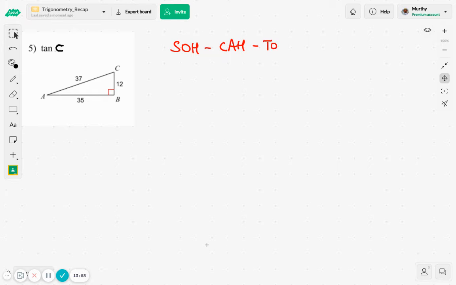Please do write it again and again so that you will never make a mistake. This time we are trying to figure out tan C. Tan means the first letter is T, so let me take the last part, which is TOA. So tan equals O over A.